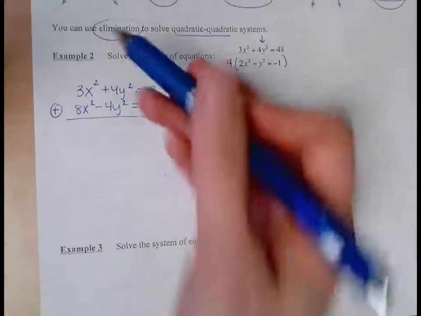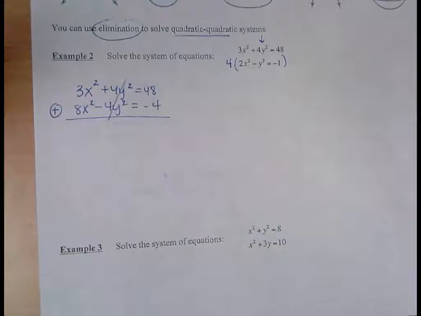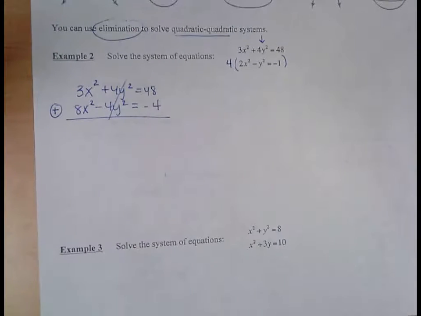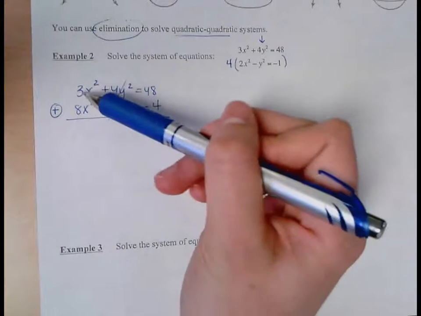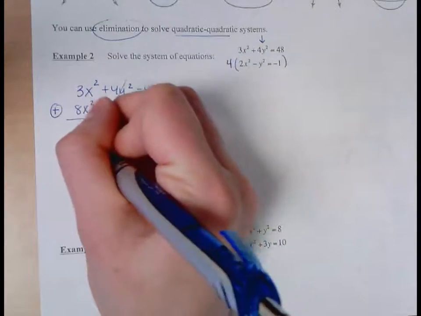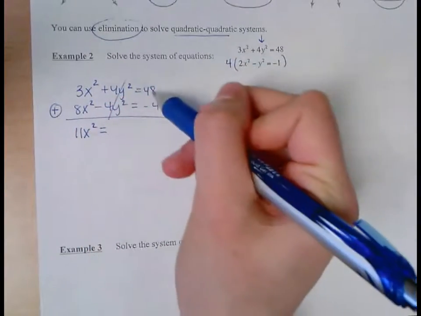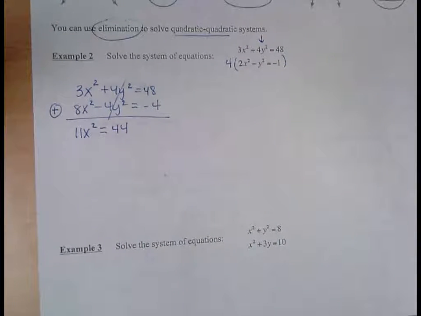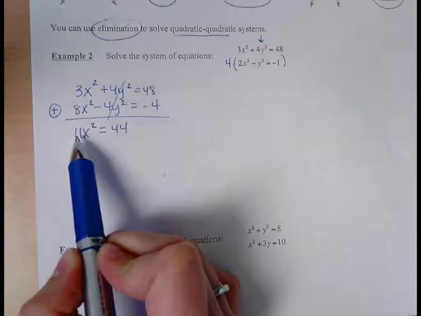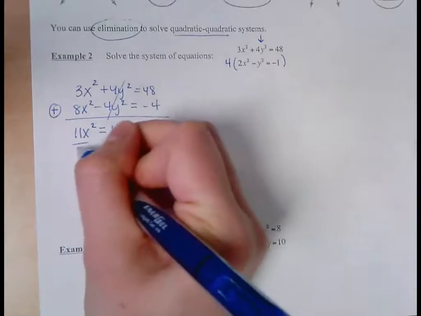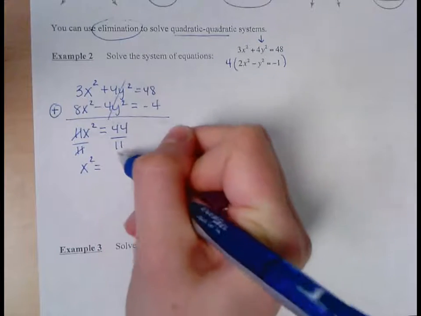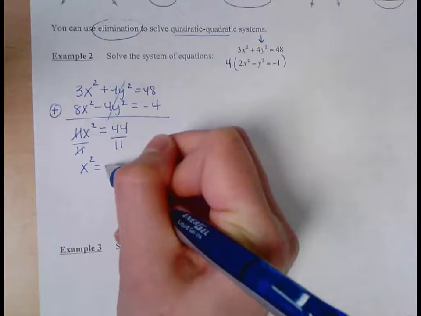So if I add the two equations together, the 4y squared minus 4y squared will cancel out. And then I would add the resulting like terms so I can solve for x. So I would have 3x squared plus 8x squared, that's 11x squared, equals 48 plus negative 4 is 44. Solve for x squared. So I want to divide both sides by 11 before I take the square root. So x squared equals 44 divided by 11, which is 4.